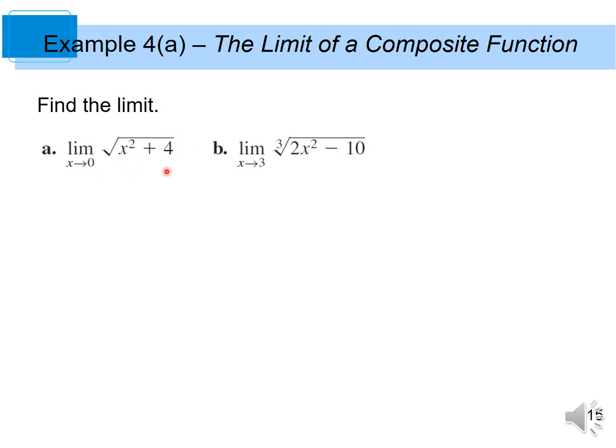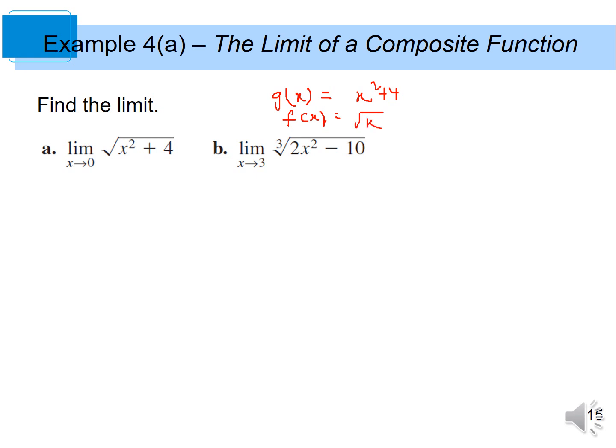For this radical function, we can say it is a composite function because it can be written with the inner function g(x) equal to x squared plus 4, and the outer function f(x) equal to radical x.